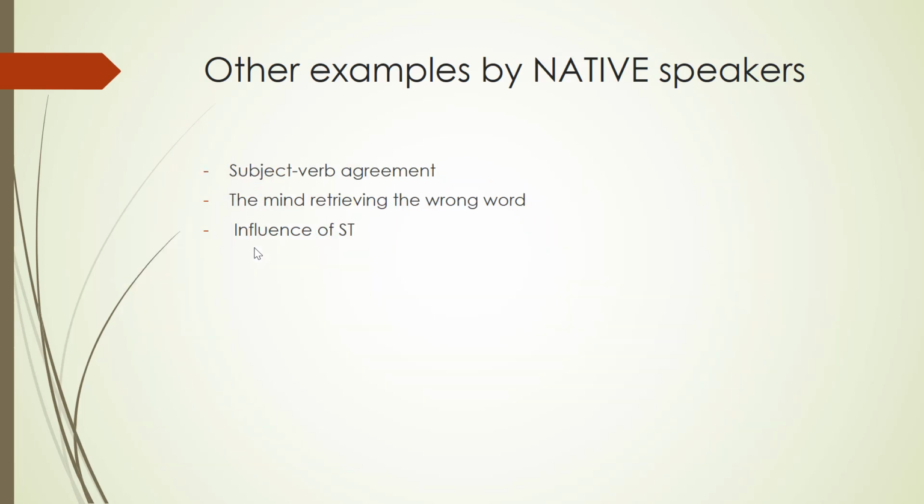The other mistakes by native speakers can be mistakes on concord or subject and verb agreement, and sometimes we think of the right word but the mind retrieves the wrong word, or we type out the wrong word. And another source of mistakes can be the influence of the source language or the source text.